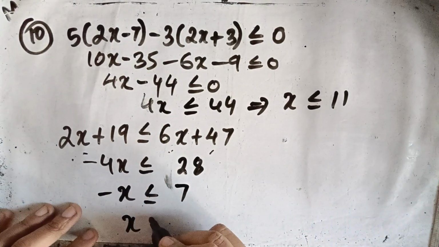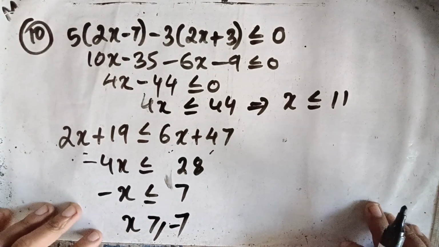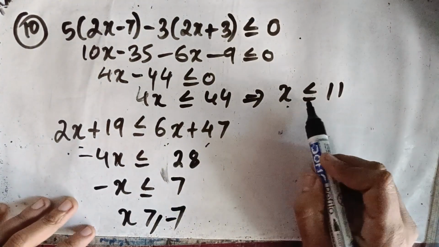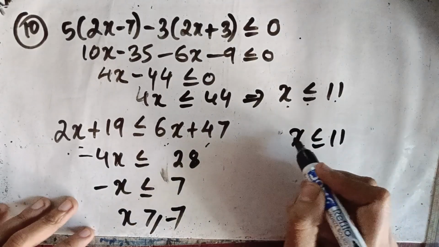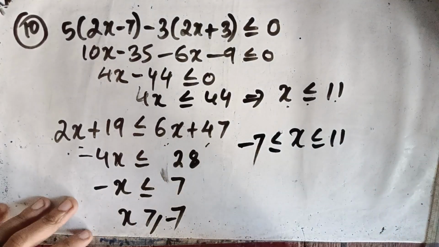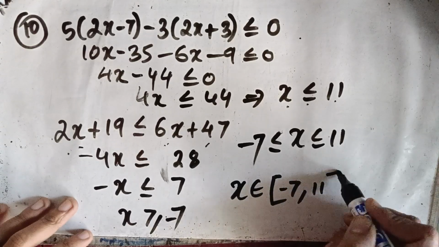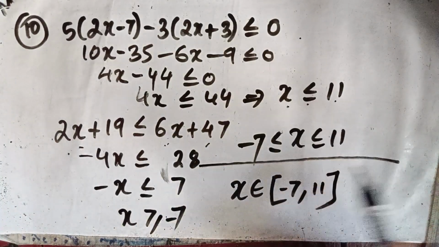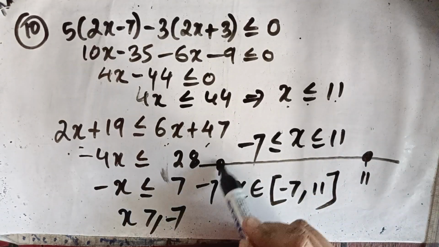So x is greater than or equal to minus 7. Okay. So x is less than or equal to 11 and greater than or equal to -7. So x belongs to -7 and 11. Okay, so you have to represent on a number line -7 to 11, including these numbers.